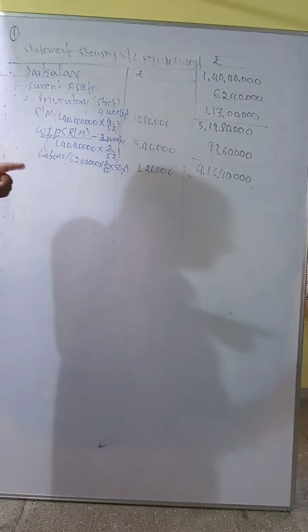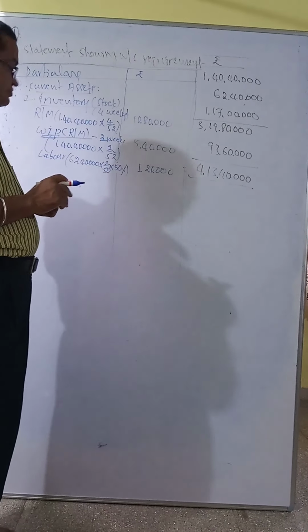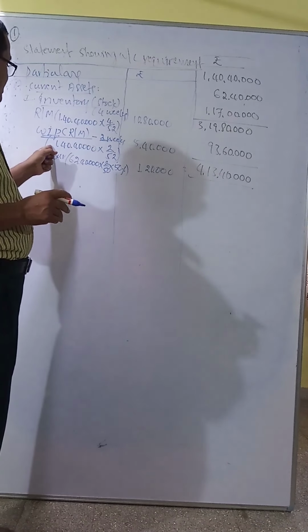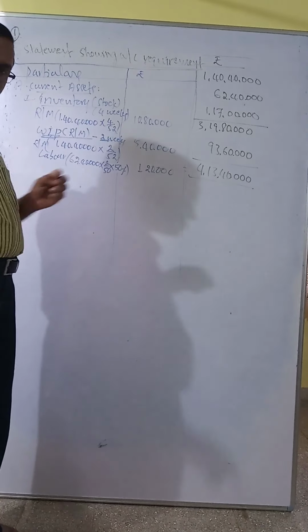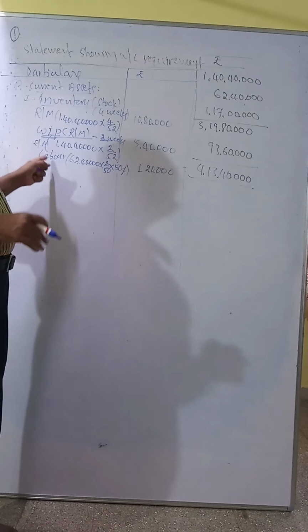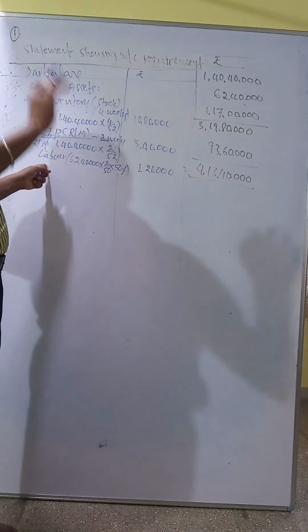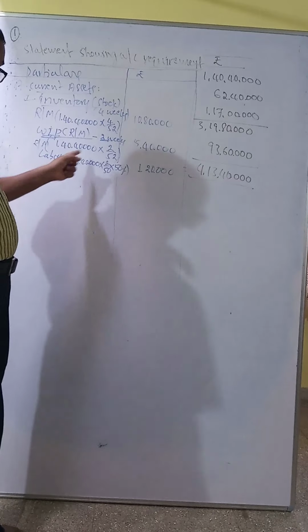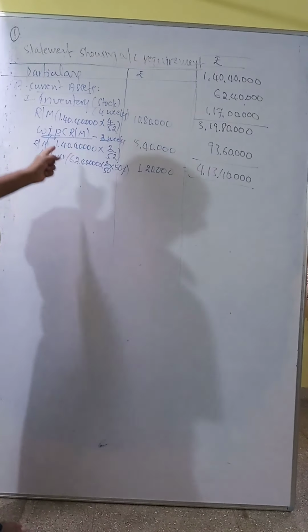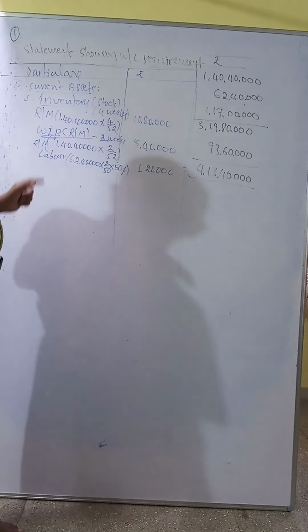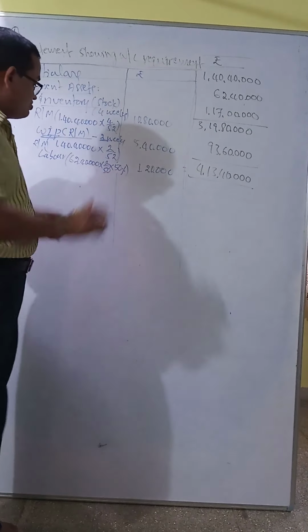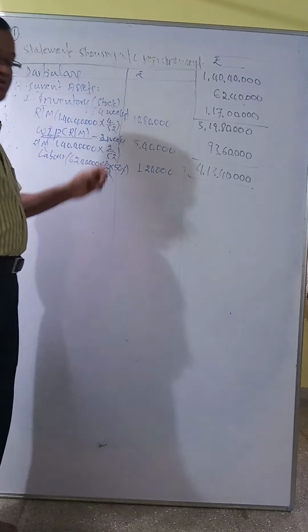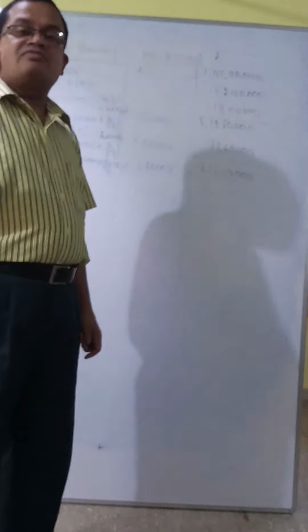For processing work in progress, you have to take raw material. 2 weeks are required for processing. Raw material is required, labor is also required, and overheads are also required. That's why I have taken 2 weeks, common for all. Raw material, 2 by 52. Labor cost, 2 by 52 into 50%. 50% is assumed because the work is not completed.